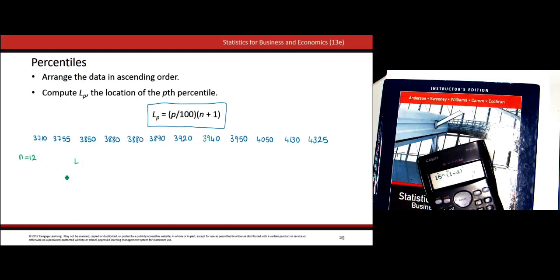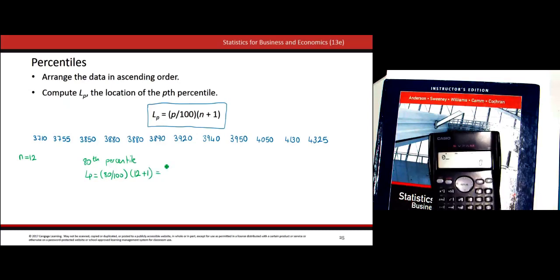Now say we wish to calculate the 80th percentile. We find the location, which is 80 over 100 times 12 plus 1, which is 0.8 times 13, which is 10.4.